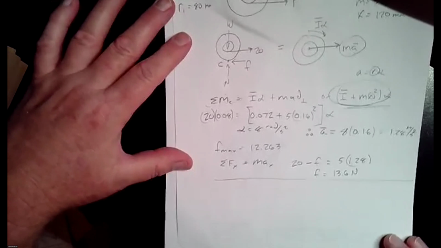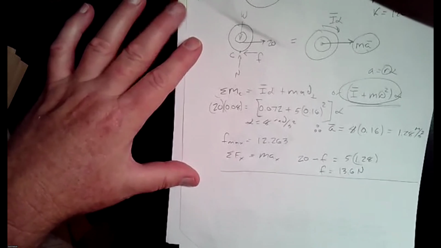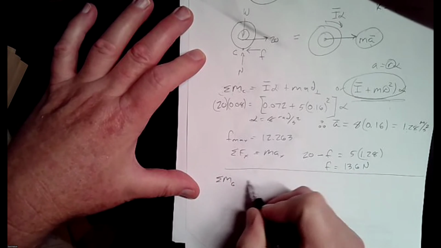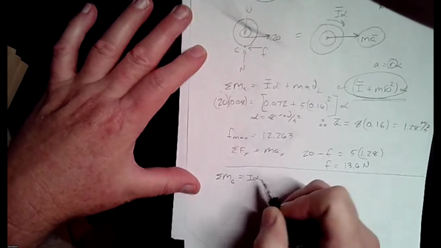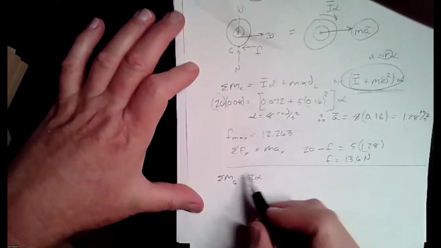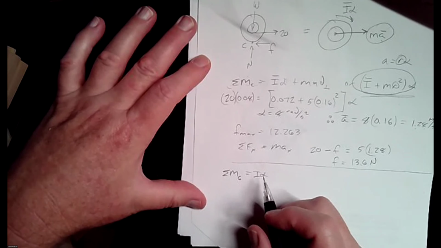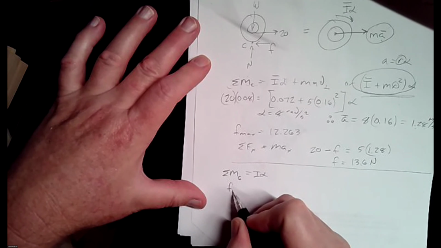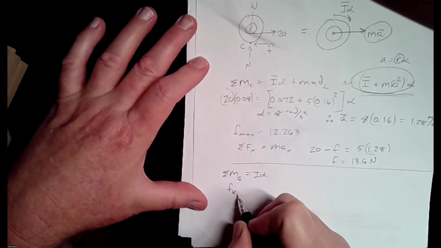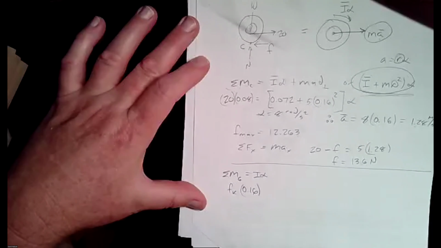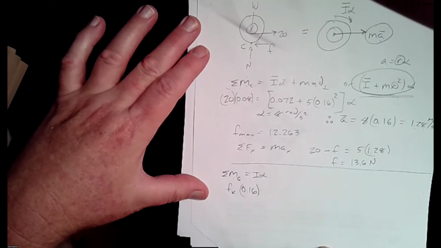Okay, you figured it out. Good job. Or you just want to confirm that you're correct. So if I sum the moments about G equal to I alpha, again, I don't need an MAD because it's the center of gravity, then I get what? The kinetic friction now, right, times 0.16. Now, my kinetic friction I can calculate, can't I?